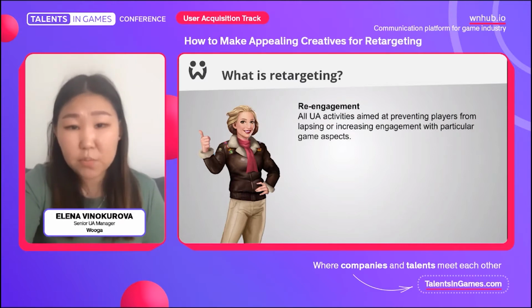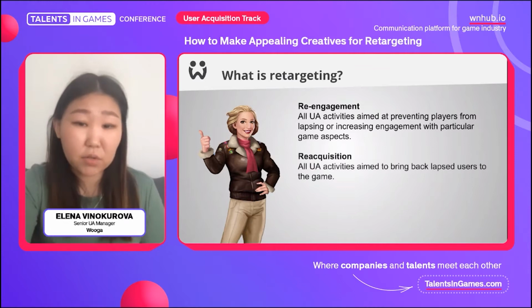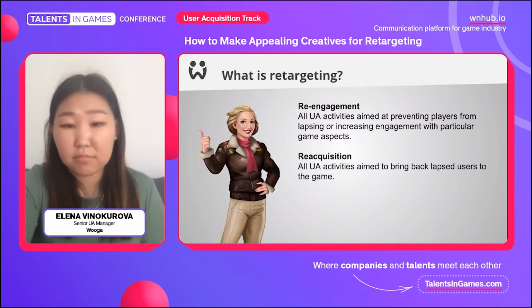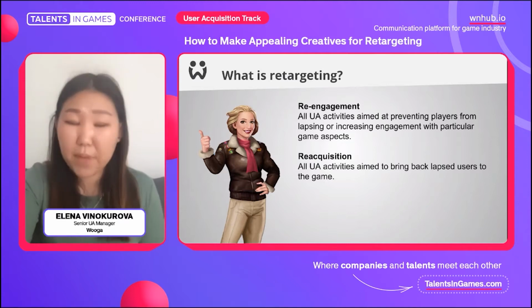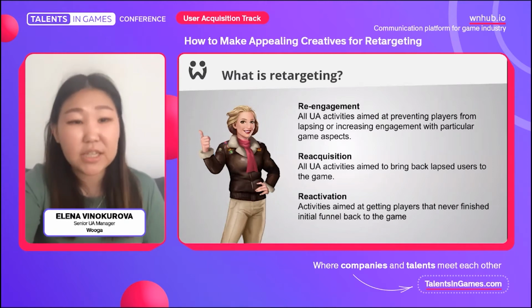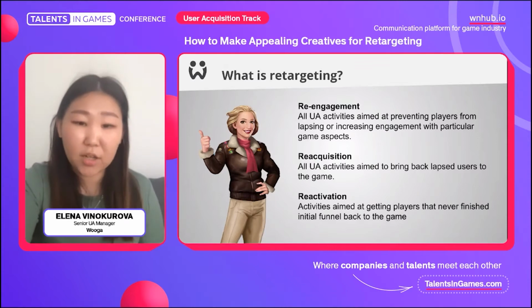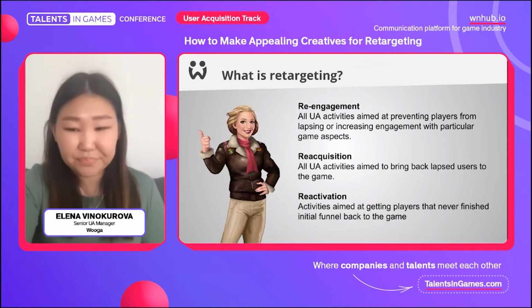Re-engagement is all UA activities aimed at preventing lapsed users or increasing engagement with particular game aspects. Under reacquisition, we understand all the UA activities which aim to bring lapsed users back to the game. And reactivation is all activities aimed at getting players who never finished the initial funnel back to the game.